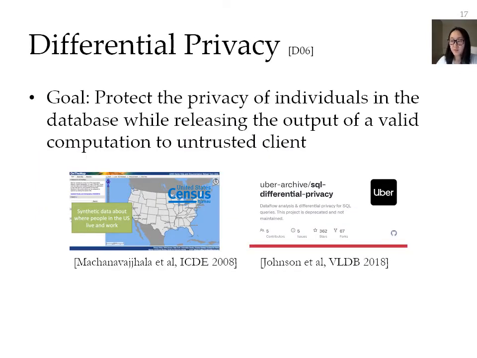The state-of-the-art privacy guarantee is differential privacy, which was proposed in 2006. Its goal is to protect the privacy of individuals in the database while releasing useful output of a valid computation to the untrusted clients. Differential privacy has been deployed in industry, such as Google and Apple, and government agencies such as the US Census.